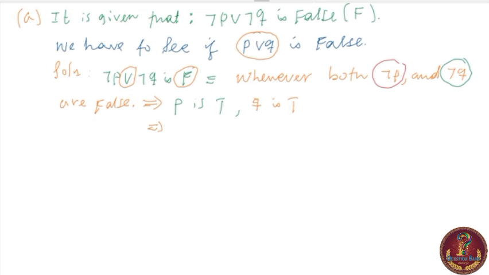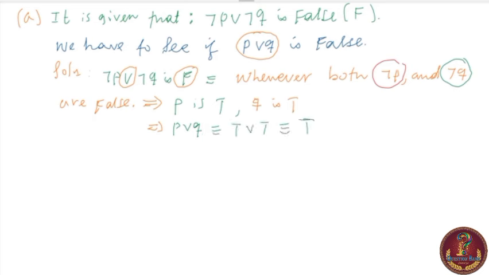Does negation of P or negation of Q being false imply that P or Q is false? Now you have reached the conclusion that P or Q, because both are true, will be true or true, which is equivalent to true.